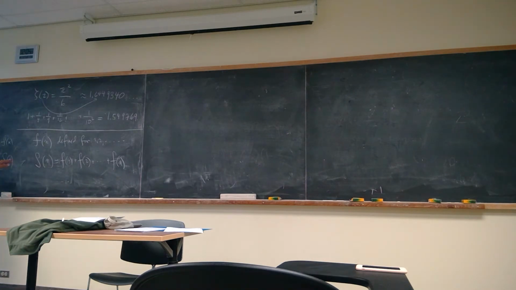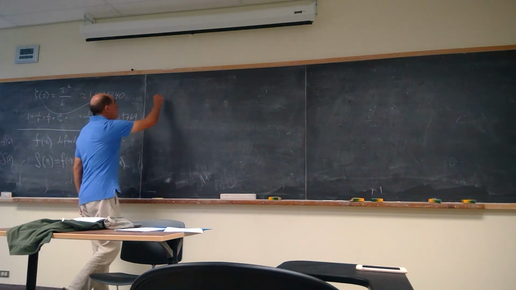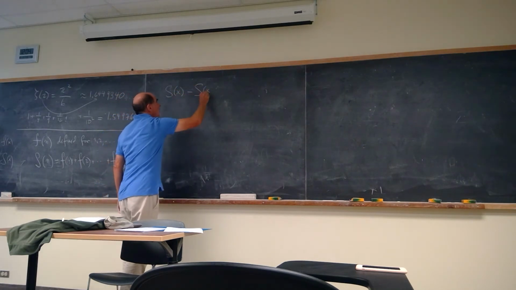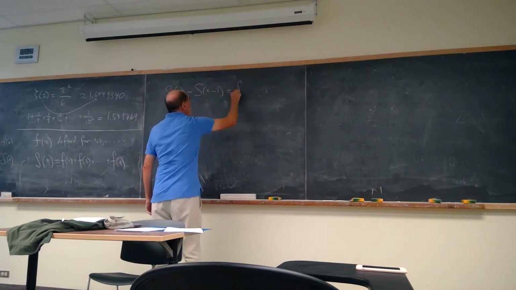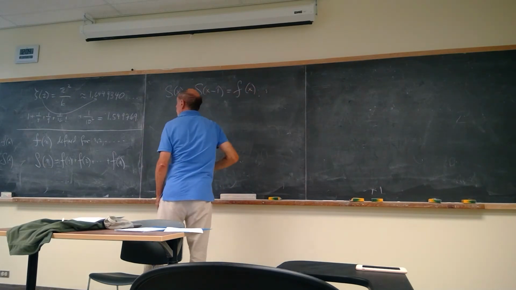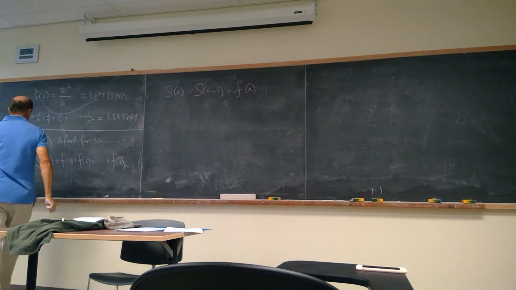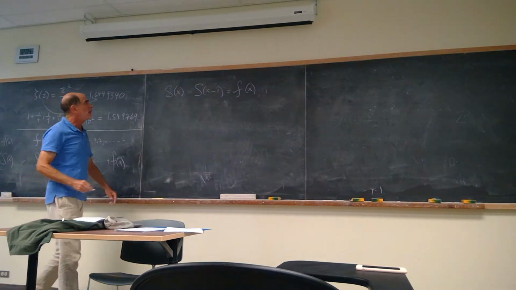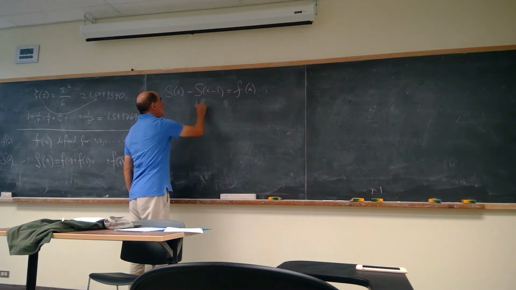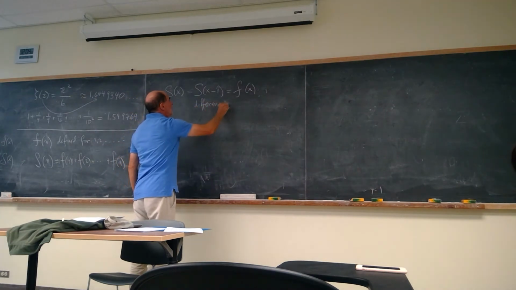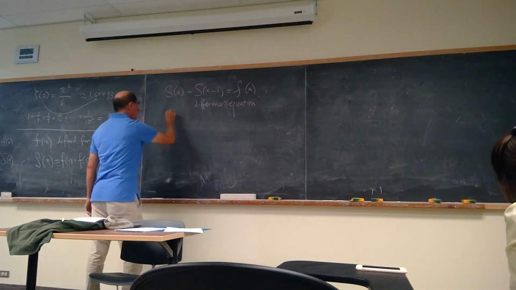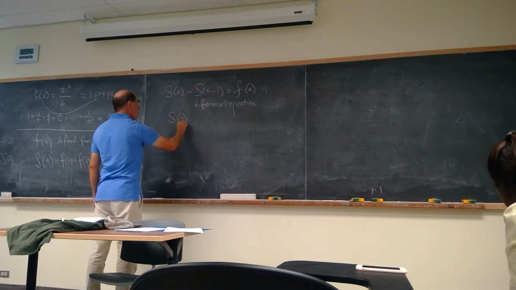Well, if you had this function on the real numbers, then it would satisfy the difference equation, s of x minus s of x minus 1 is f of x, right? Because that would be the case of s of n plus 1 minus s of n would be just that, right? So you get a difference equation. And it also has the initial value that s of 1 is f of 1.